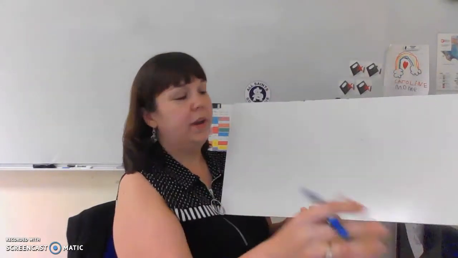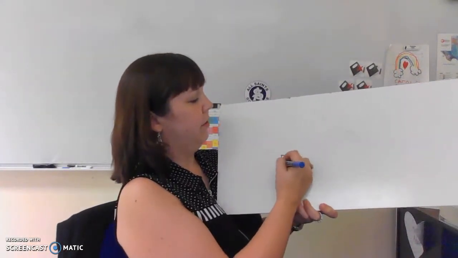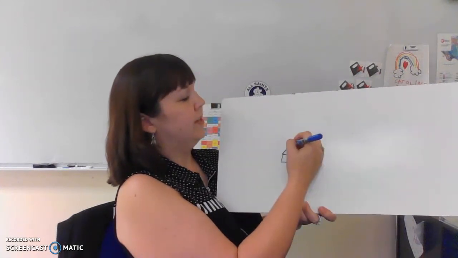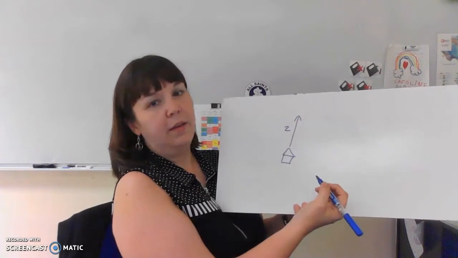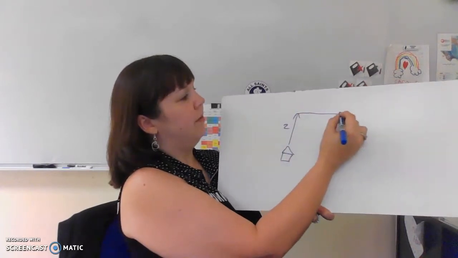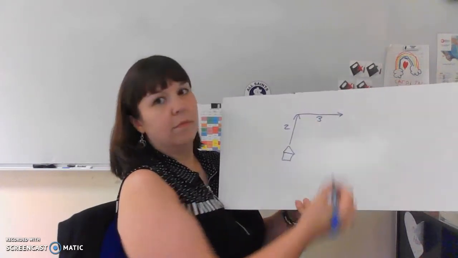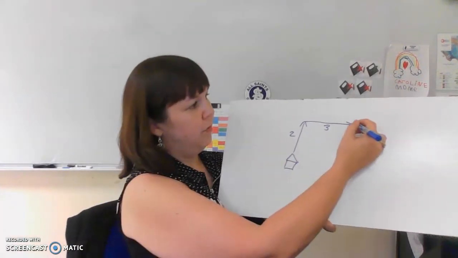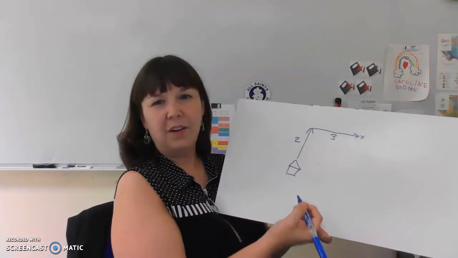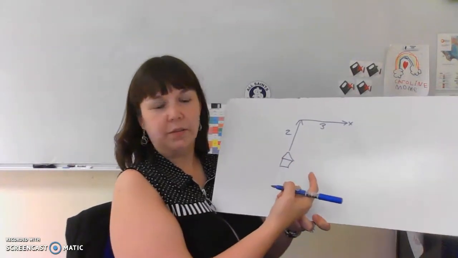What if, here's our little house, we decide to go north and then we turn and go to the east? How far are we away from home now? There's our home. Here we are now. How do we decide where we are?